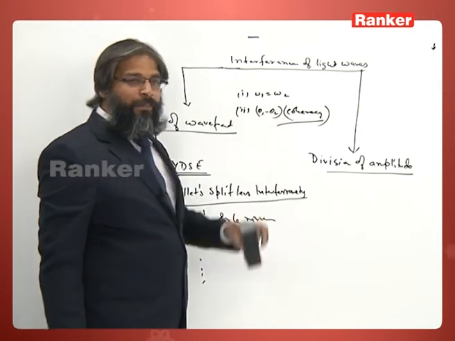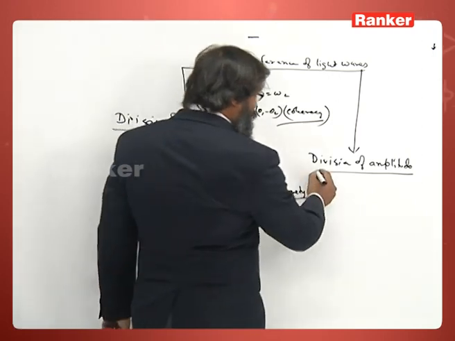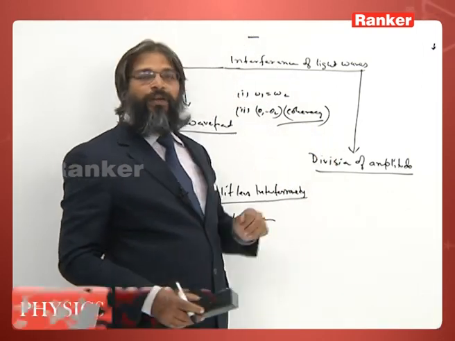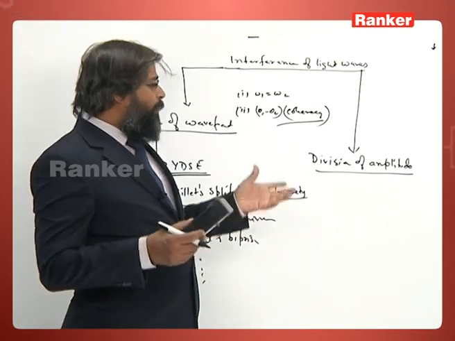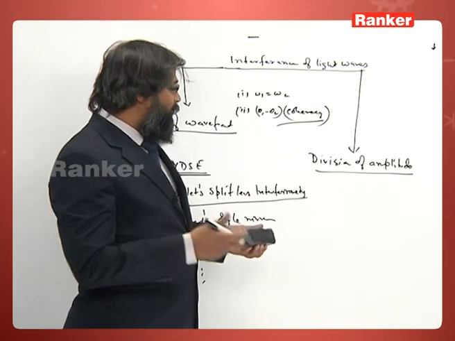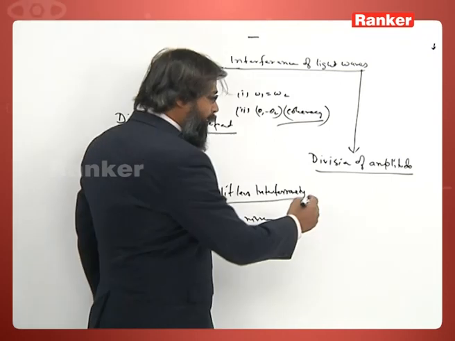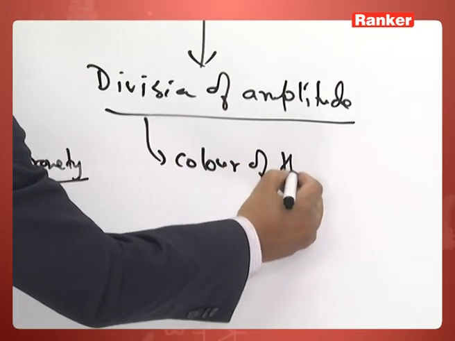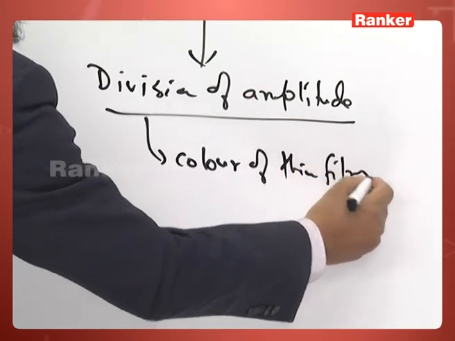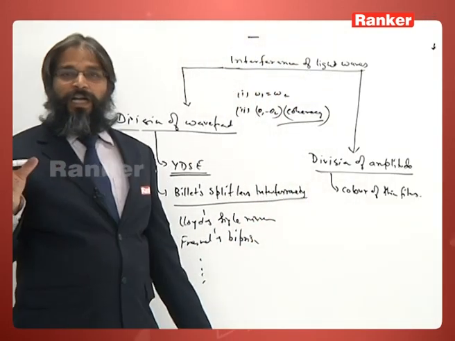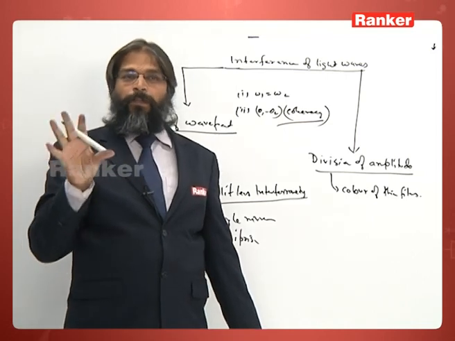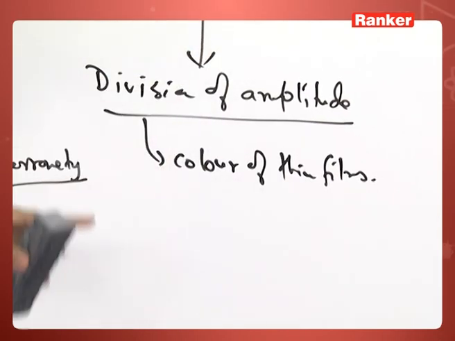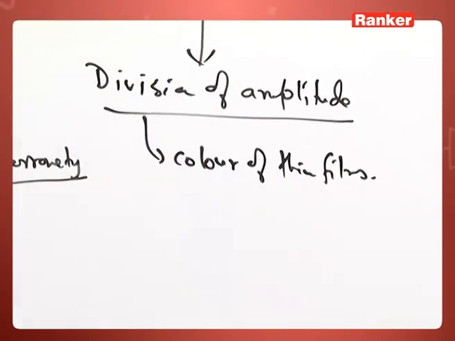Now, in division of amplitude, a number of phenomena are due to interference of light waves, for example the color of thin films. The brilliant reflection of light from a compact disc is because of this interference due to division of amplitude.